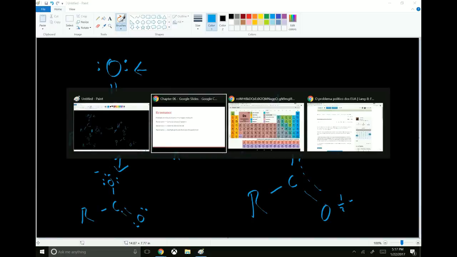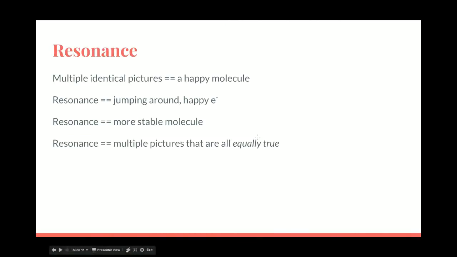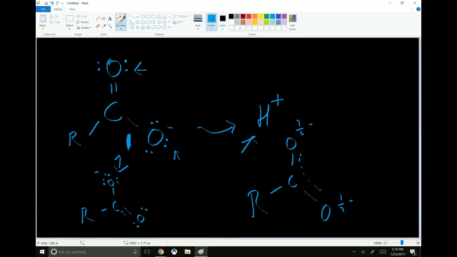So resonance is a big deal. You're going to have to get used to it and remember it, and keep your eyes open for double bonds, because if you have double bonds, you can have resonance. You don't always have resonance, but you can. So for example, carbon dioxide has double bonds, but it doesn't have resonance.